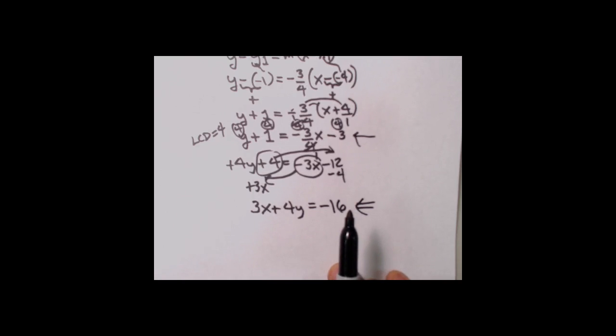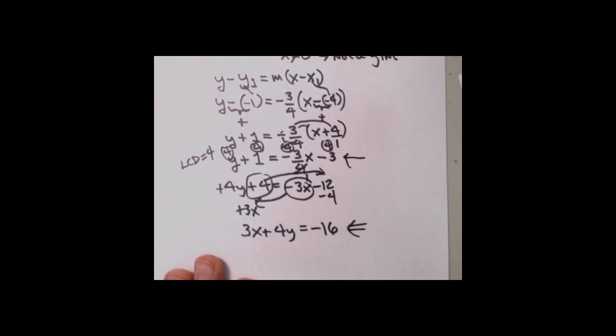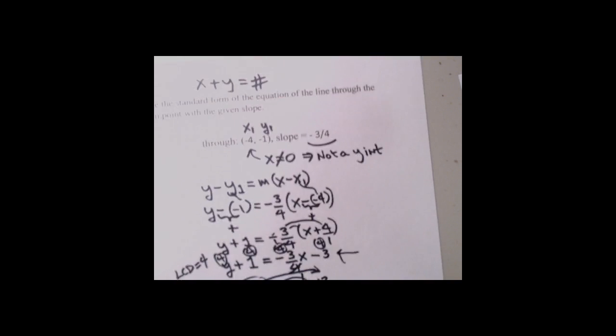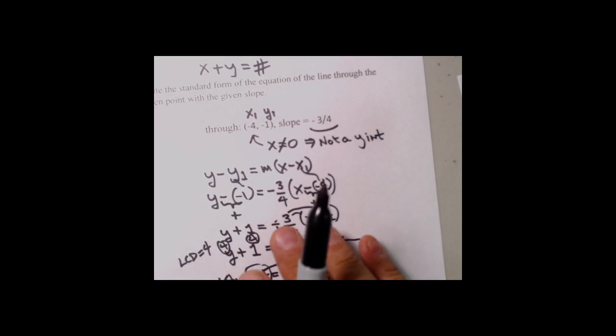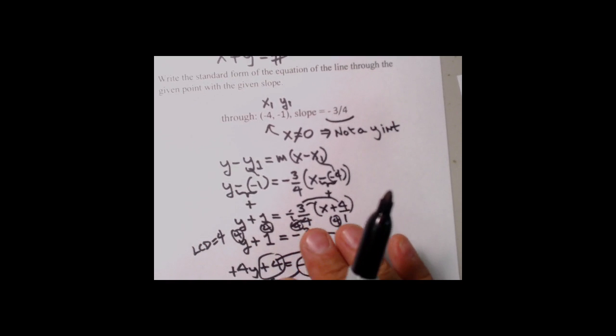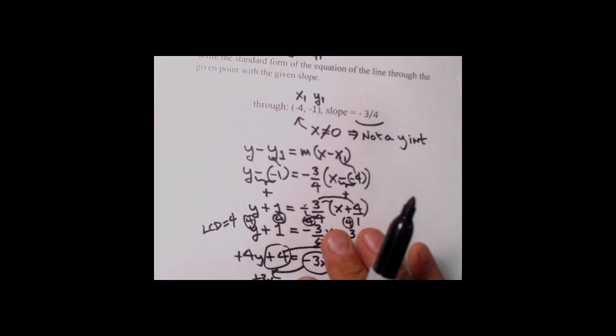Okay, well, standard form then. We've seen cases here where we left the answer as point slope, we left the answer as slope intercept, and this one in standard form. Any one of those three can be requested.